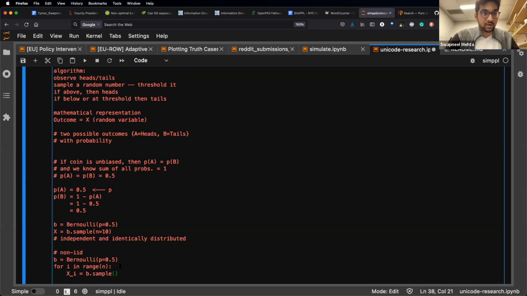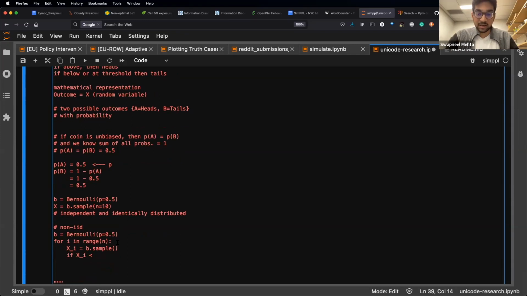So by default, I draw one sample. And now you're saying if I add a condition, if xi is less than, and a Bernoulli distribution gives you zeros and ones. We correspond these to heads and tails, but it gives you numbers as an output. So if xi is a number and I say xi is less than 0.5, which is either 0 or 1, I could just as well write xi is equal to 0.